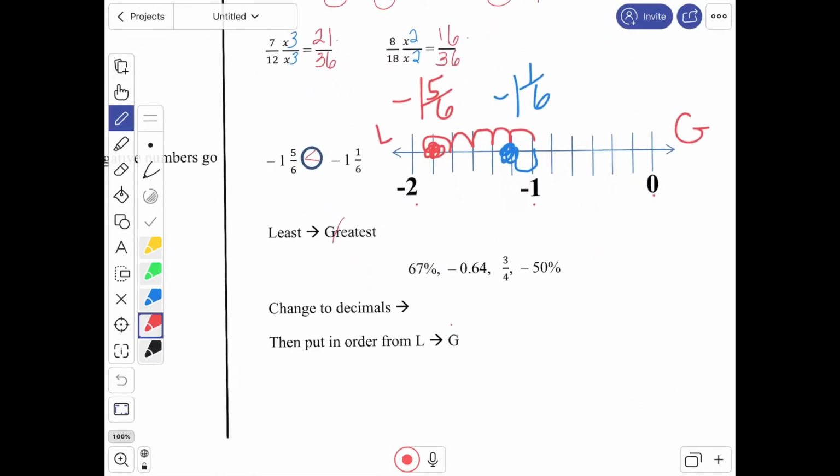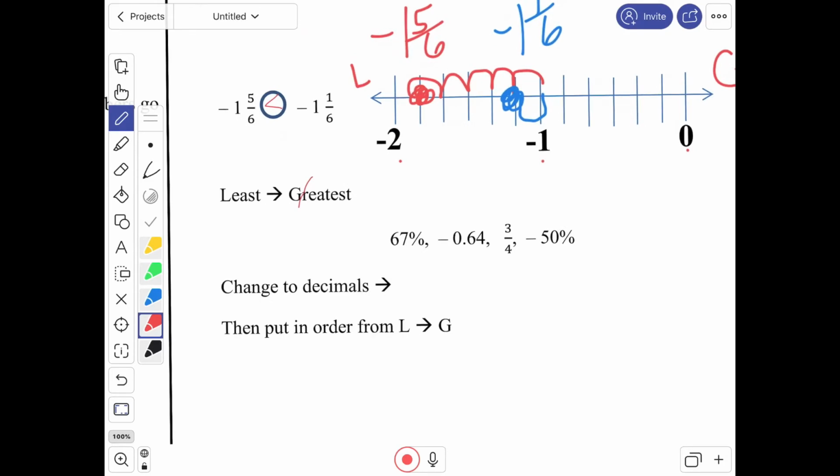Now let's try when there's several numbers. When there's several numbers to compare, we need them to be all in the same format. And usually decimals are the easiest way to compare, so change them all to decimals. 67%, we need to move the decimal 2 spaces to the left. So that would be 0.67. And the next one is already in decimal format.